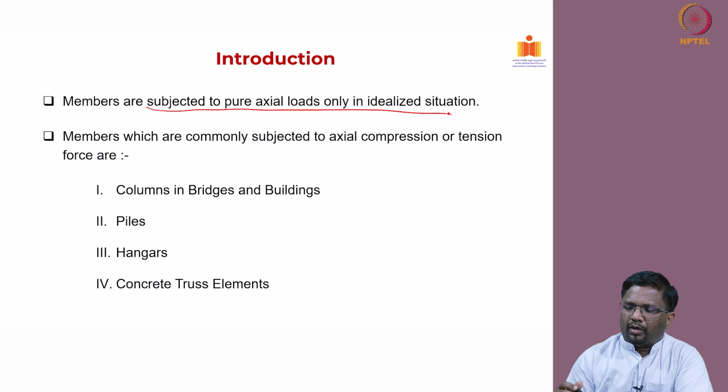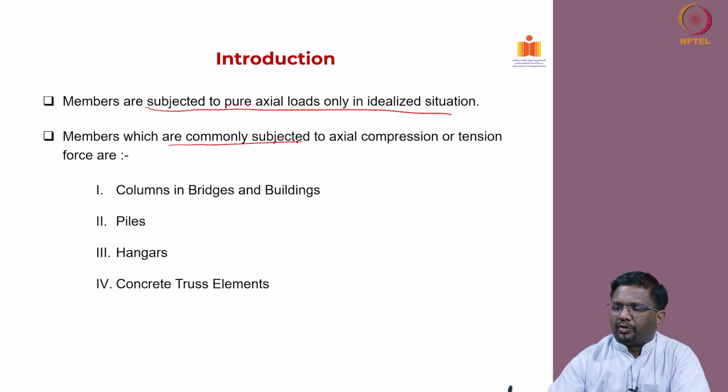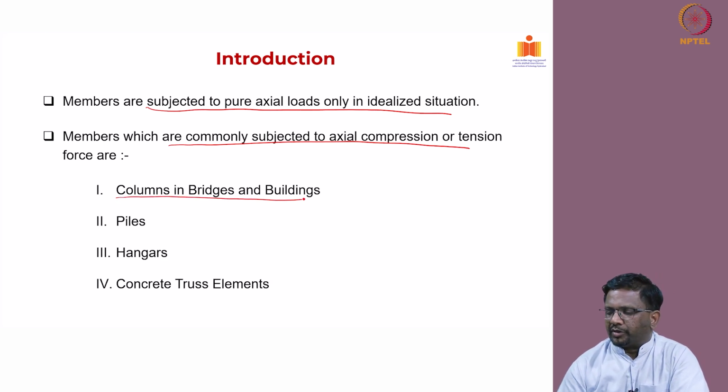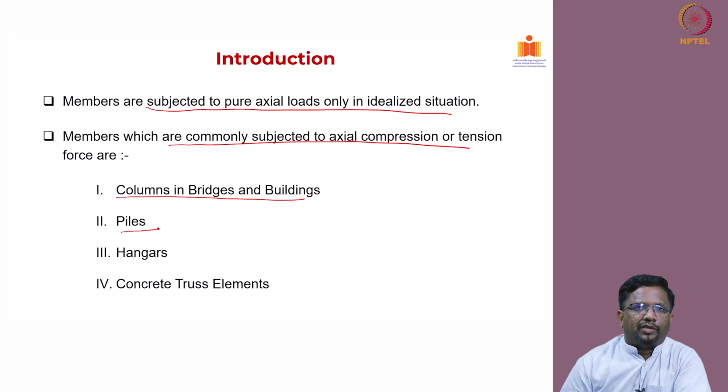Now, the members that are commonly subjected to axial compression or tension are in the following cases. In a tied arch bridge, there may be members that will be subjected to pure axial load. Columns in bridges and buildings are one example, piles are another example where we may have axial load, and hangers and concrete truss elements.